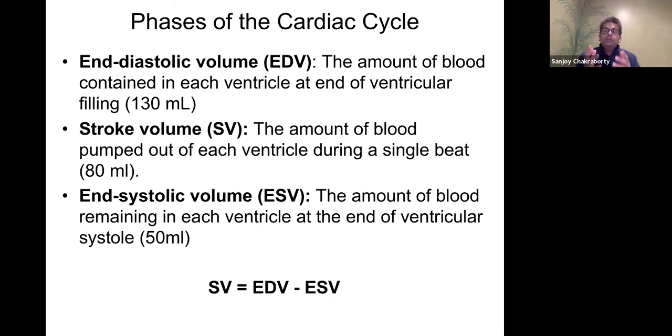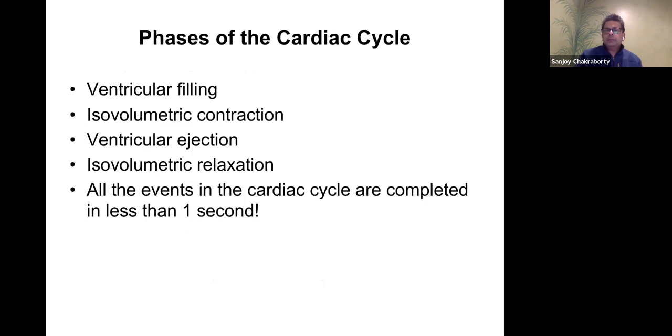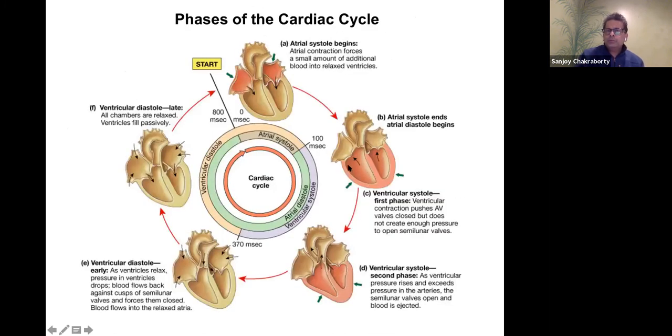So the question is then how much blood was there in the ventricle in the first place? Remember I said that 100% of the blood cannot just be pumped out. So how much blood was here? That is called EDV, end diastolic volume, meaning the end of the ventricular diastole, from here all the way up to here.